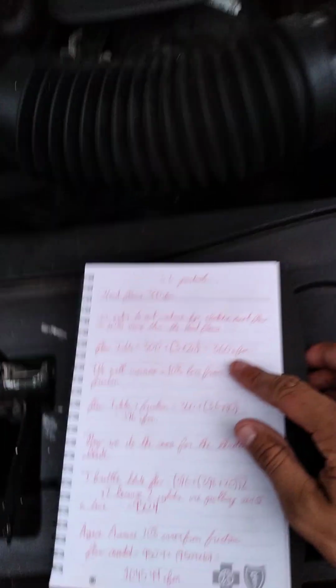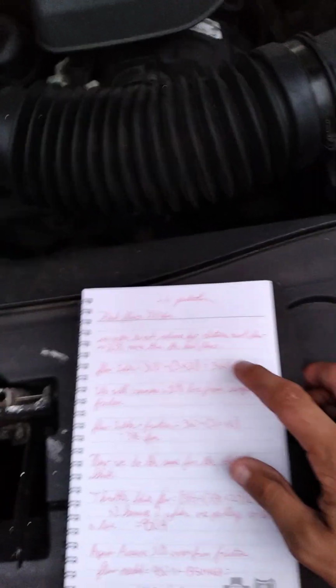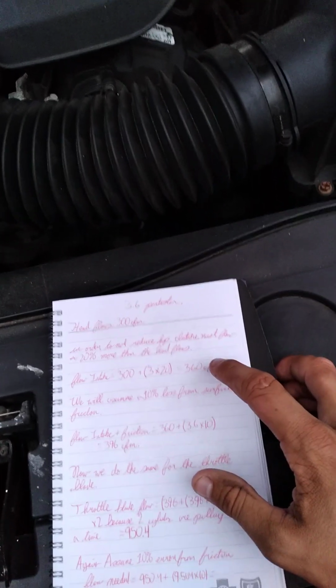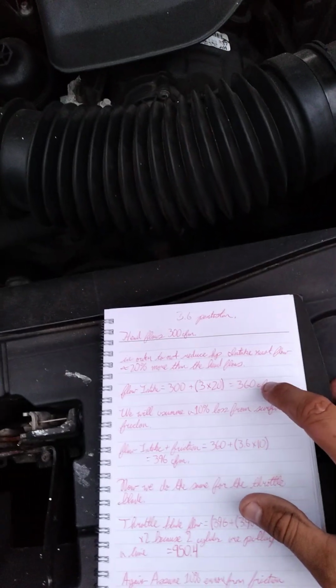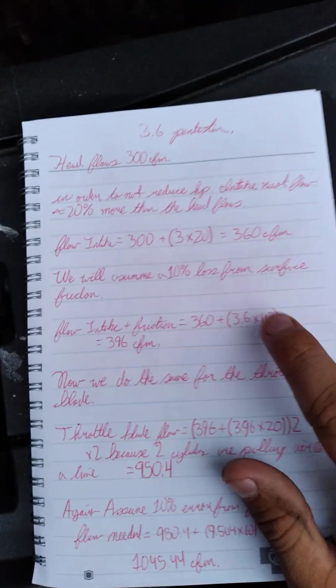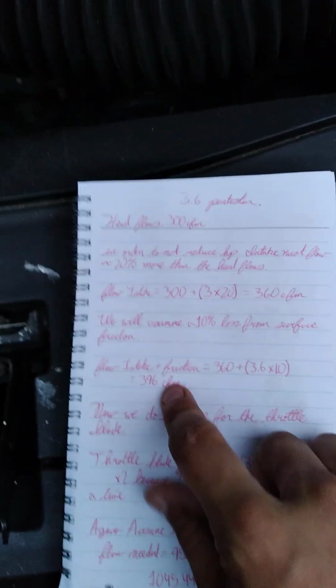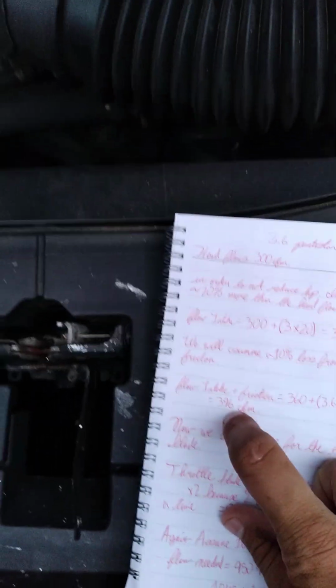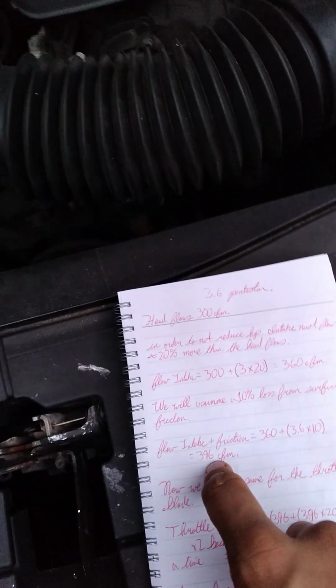Now, we need to assume that's where your cross section wouldn't have any turns and you wouldn't have any turbulence. You know that's not going to happen, so I added another 10% onto there. Adding another 10%, we need a cross section of 396 CFM on our intake.